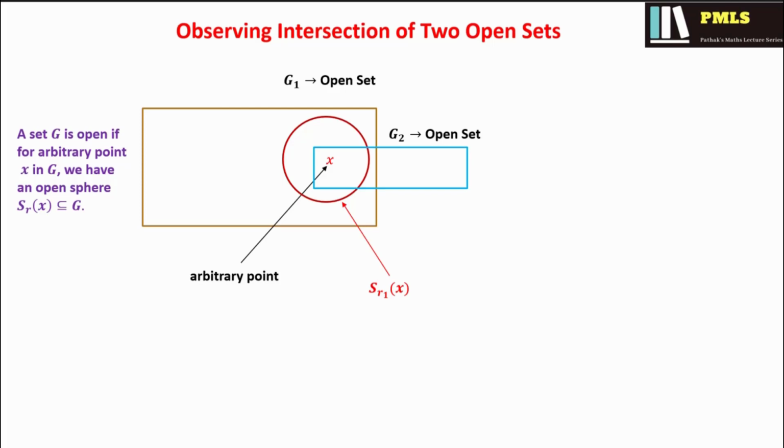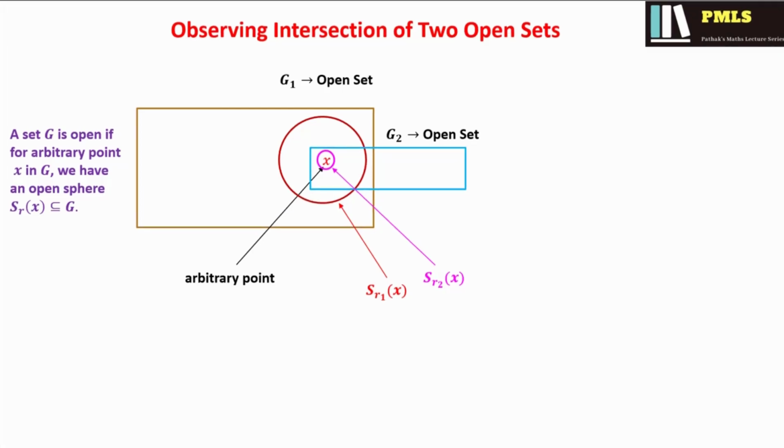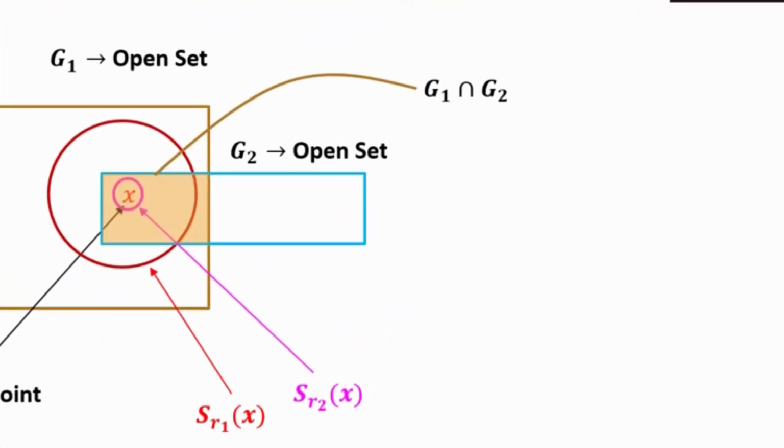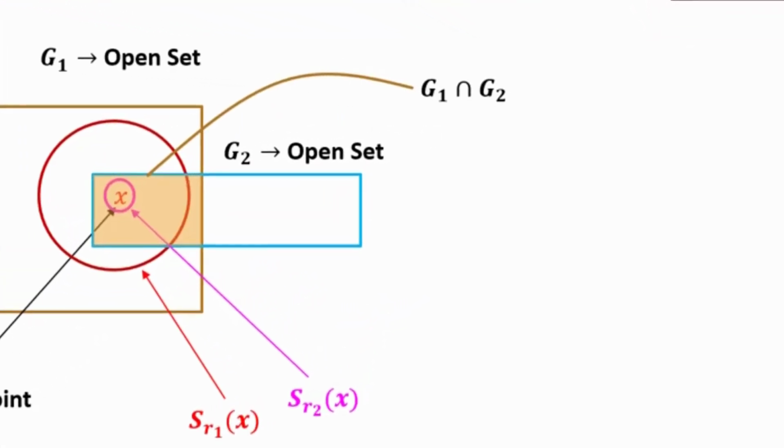Since X is an element of G2 which is an open set, we will again have an open sphere SR2X which will be contained in G2. Now let us look at the intersection of G1 and G2. So this is the intersection part of G1 and G2, and you still see that the open sphere SR2X is a subset of G1 intersection G2.